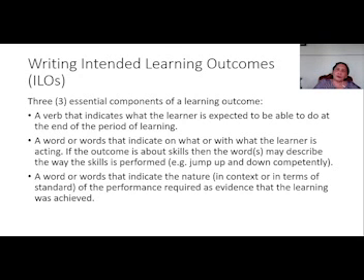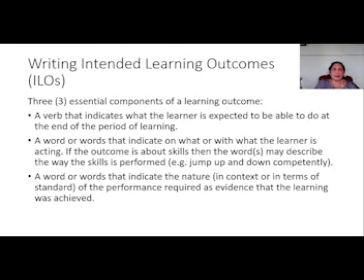Another essential component is a word or words that indicate the nature, or the context or the standard, of the performance required as evidence that the learning was achieved. Remember these three essential components. You will understand this better with examples, of course.